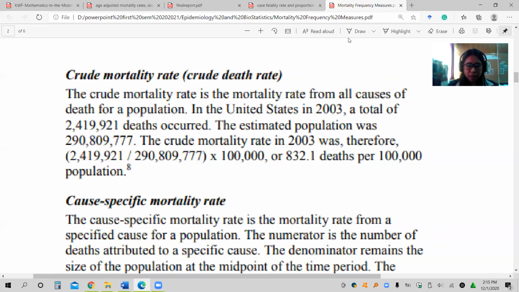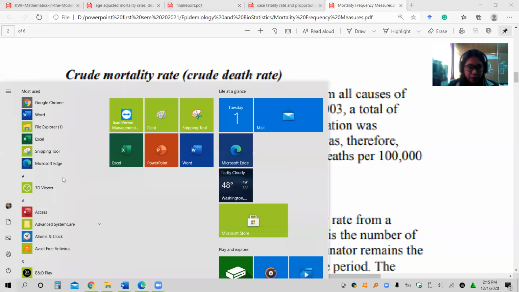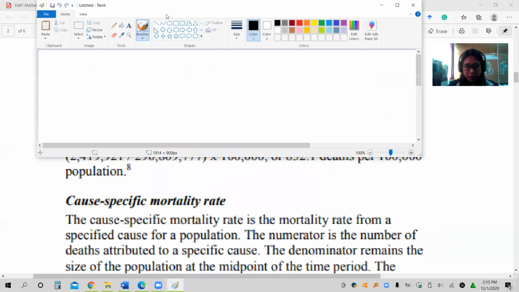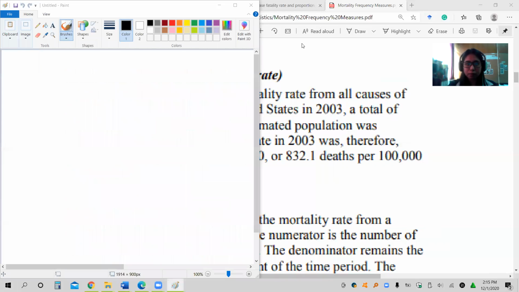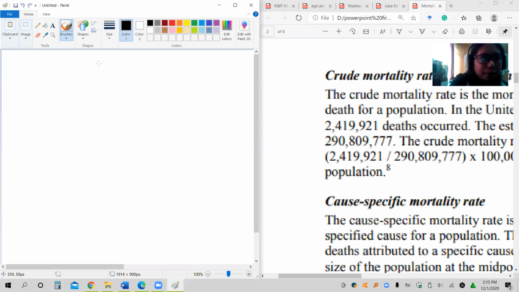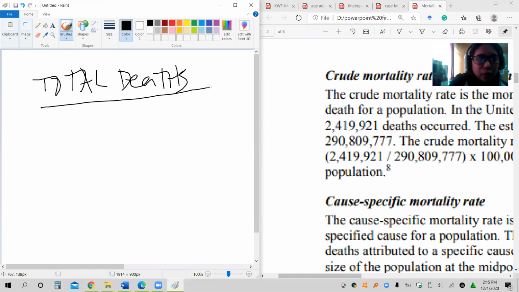And it means that that is the number of deaths per 100,000 population. So just to illustrate this, let's open Paint. So in our Paint, what we need to divide is the total deaths over the total population.